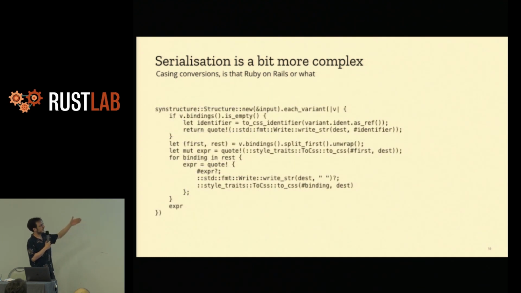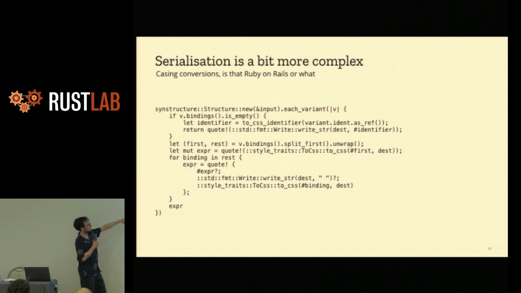So as I was saying, the keywords, for example, we transform them by just lowercasing them and going from camel case to snake case, because every CSS keyword is just a snake case keyword. And then given there is a need to separate them with space, you separate the first from the rest, and you separate them with a space.